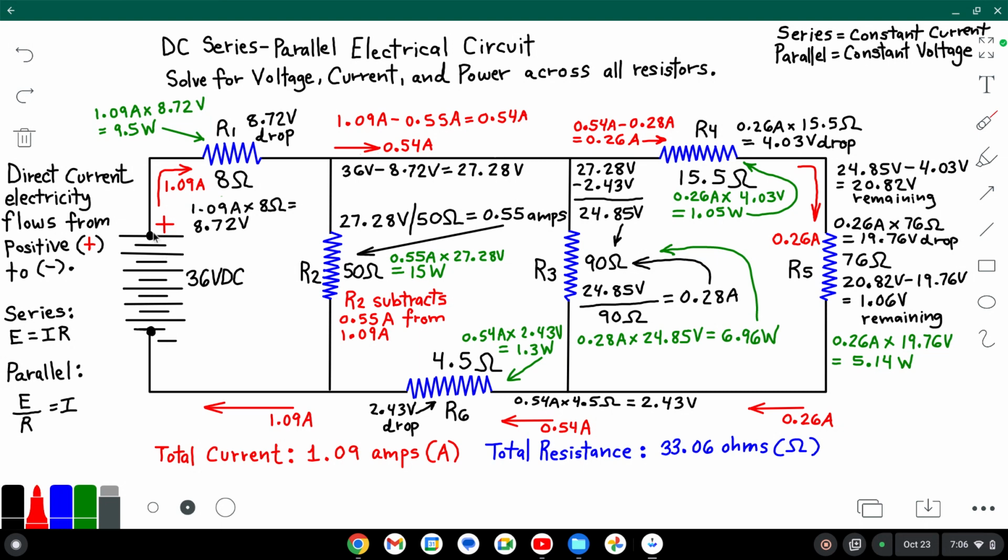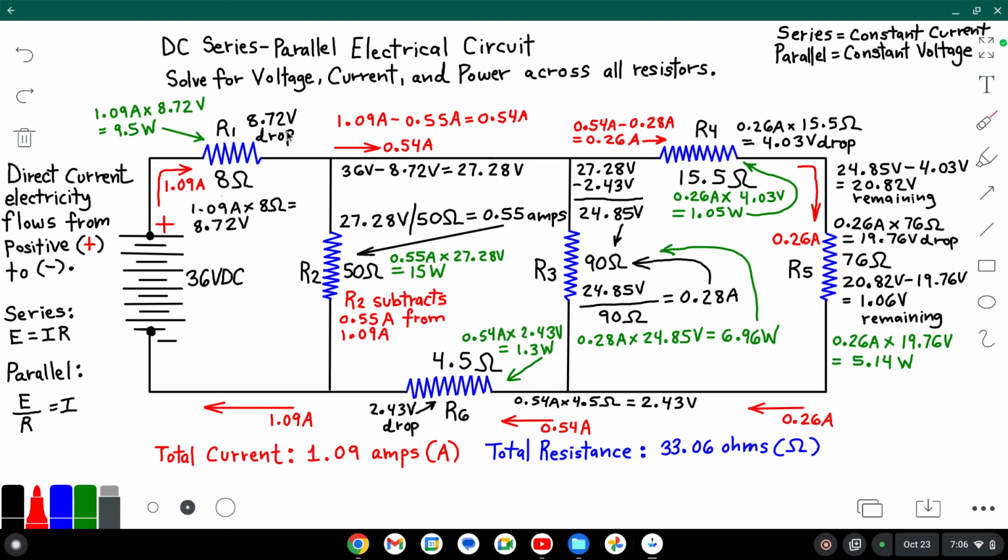So if we start from the positive terminal, we know 1.09 amps I multiplied times R1, resistor 1's value of 8 ohms, will be 1.09 amps times 8 ohms, resulting in an 8.72 volt drop. So R1 across its resistor is absorbing 8.72 volts.